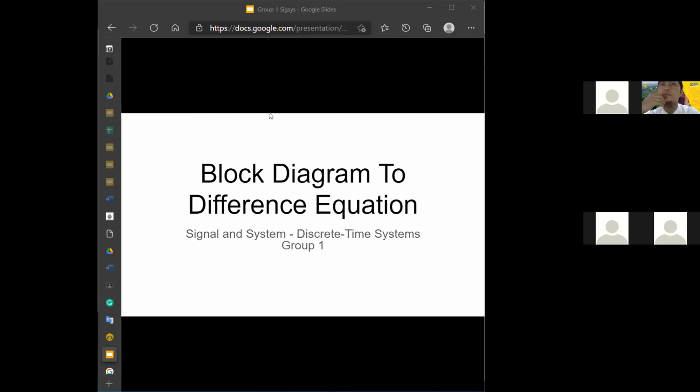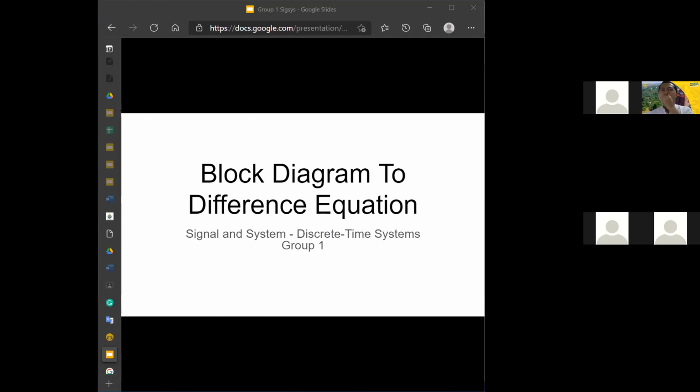Okay. Can you see my screen? Yes. Clear. Okay. So, good afternoon, everyone. We are from Group One. We will explain how to convert from block diagram to the difference equation.